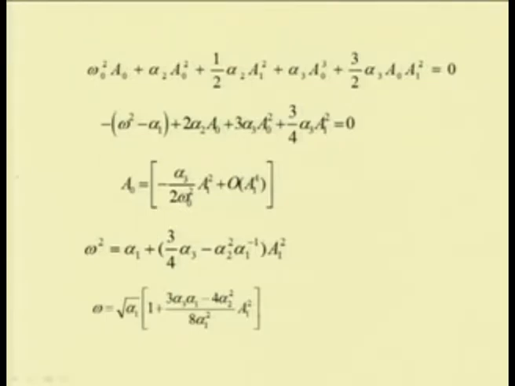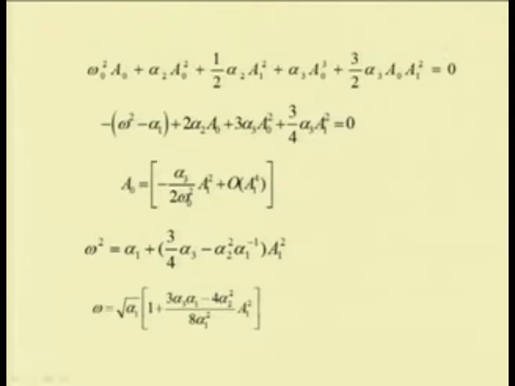From this we have omega 0 square a 0 plus alpha 2 a 0 square plus half alpha 2 a 1 square plus alpha 3 a 0 cube plus 3 by 2 alpha 3 a 0 a 1 square equal to 0. And from the second expression, we have minus omega square plus alpha 1 plus 2 alpha 2 a 0 plus 3 alpha 3 a 0 square plus 3 by 4 alpha 3 a 1 square equal to 0.